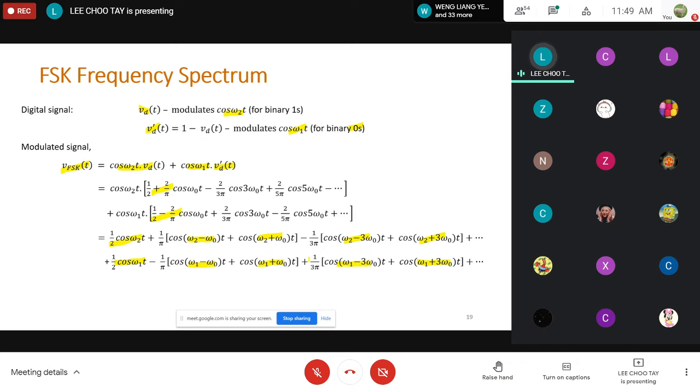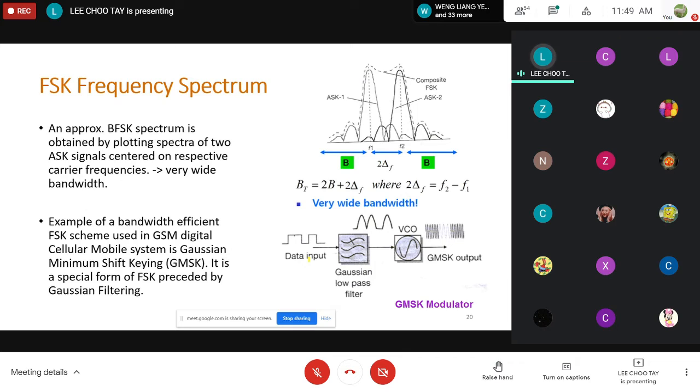Okay, so as far as the frequency spectrum, if you were to plot it, you're going to see that we can actually view the spectrum for FSK as a spectrum of two ASK. So this one, we have a spectrum for ASK number 1.